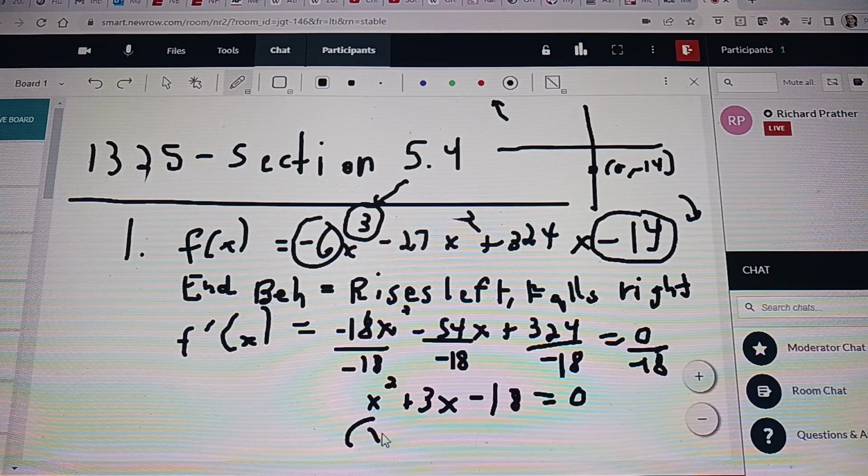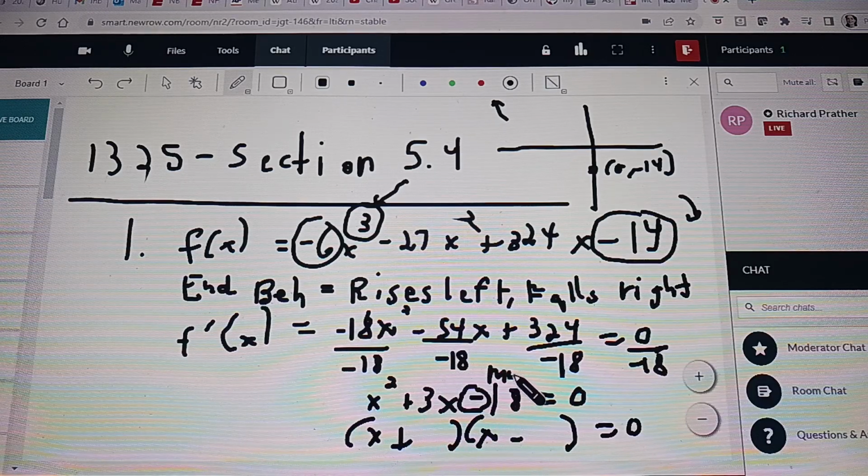So we have x times x in the front for sure. That's the only way to get x squared. 18 could be 1 and 18, 2 and 9, or 3 and 6. With a negative in the back, you definitely get one positive and one negative in your answer. Multiply to 18, and then when there's a negative in the back, you're trying to subtract to the middle number.